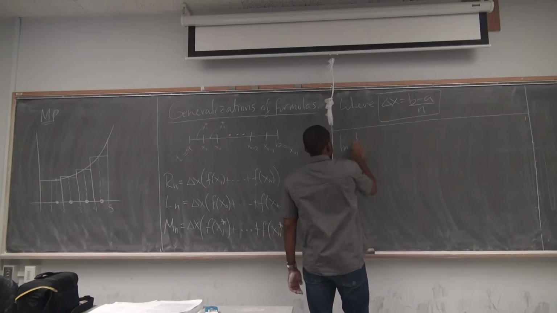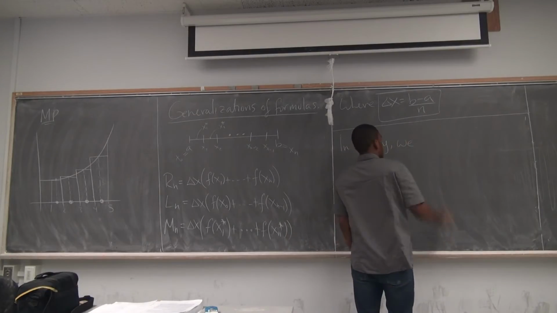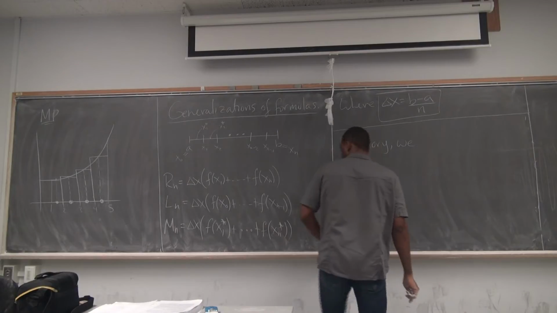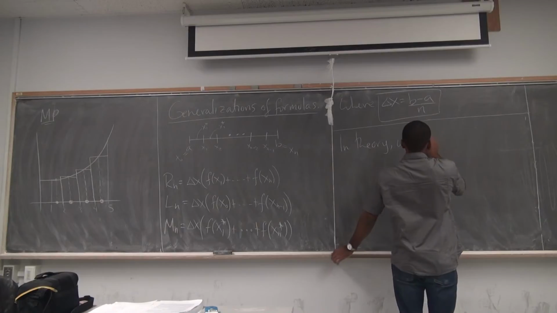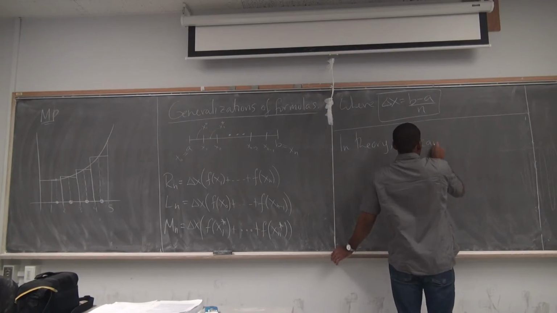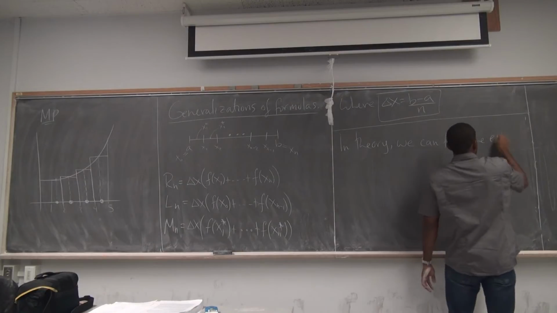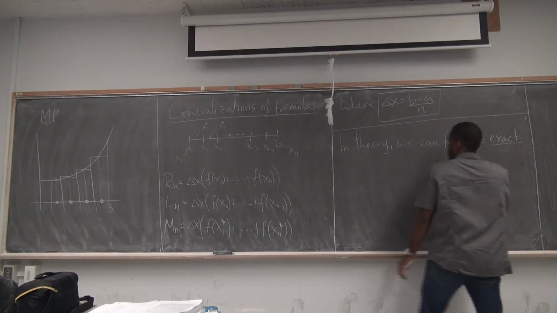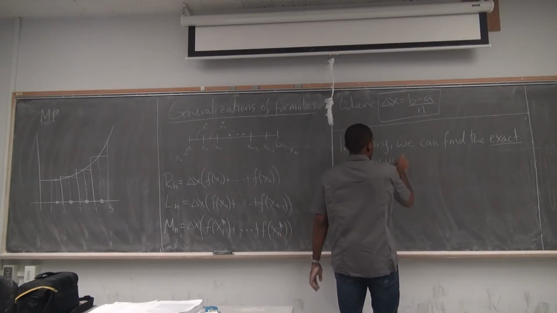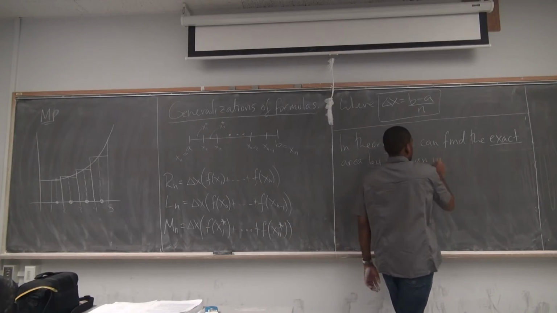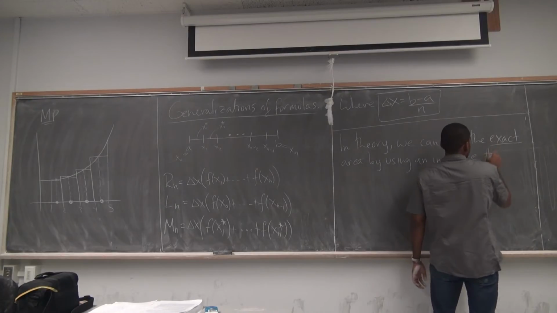Now the thing is, in theory, you're going to have to go to a higher math class to actually prove this and convince yourself of this, but I guess in the illustration you can kind of see. We can find the exact area by using an infinite number of rectangles.